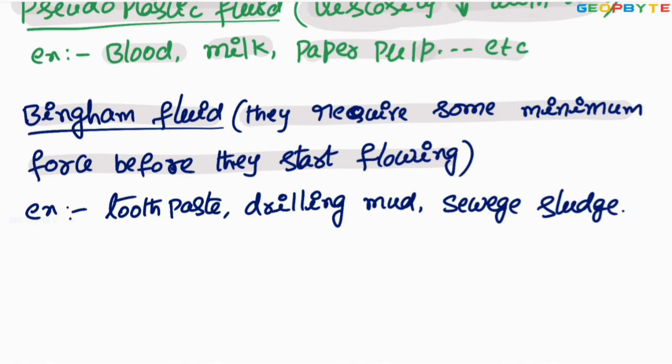It means you have to press the tube to maintain the flow. Such kind of fluid is called Bingham fluid. Examples: toothpaste, drilling mud, sewage, Fair and Lovely, Vico turmeric. These are all coming under Bingham fluids.